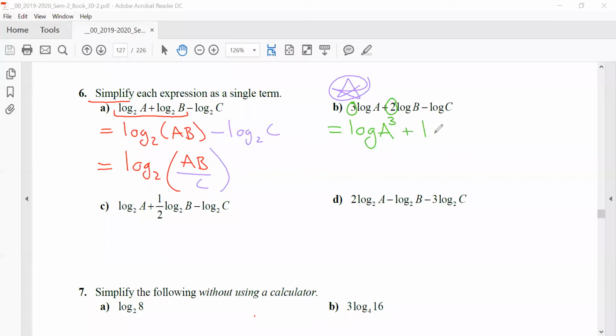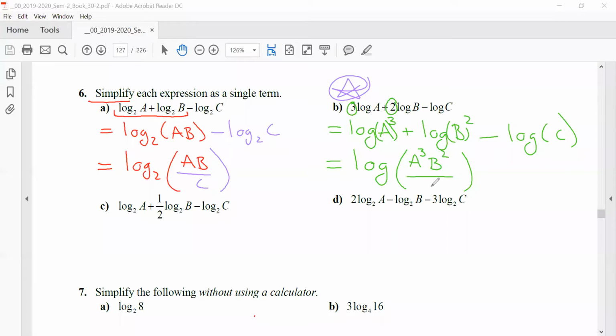And what my power law of logs says is I can bring that coefficient up and make it my exponent. Now I can use my law of logs. So I'm going to do this all in one step. Anything that's adding means I'm multiplying, means I'm going to end up in the numerator. Anything that's subtracting, I'm going to end up in the denominator.